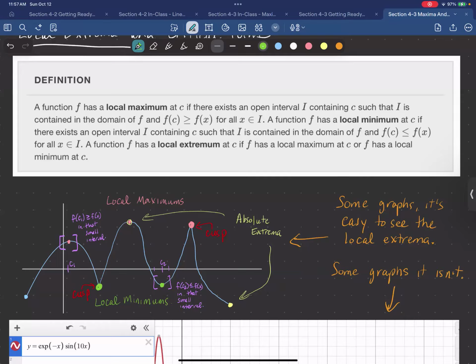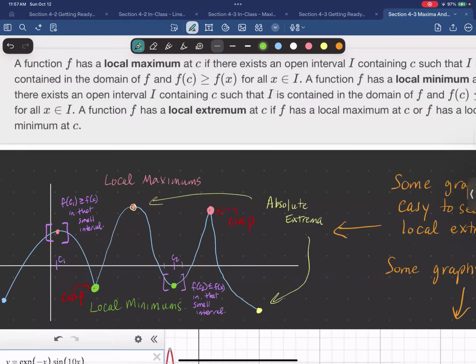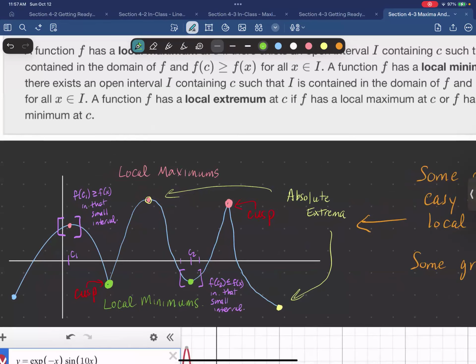So we have local maxes there. I've got my absolute extrema listed. The one on top, this value is just a little higher than this value, so that's the absolute max. And this value is a little lower than this value or this value, so it's the absolute min.